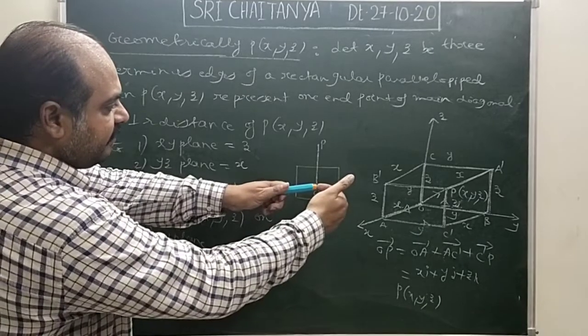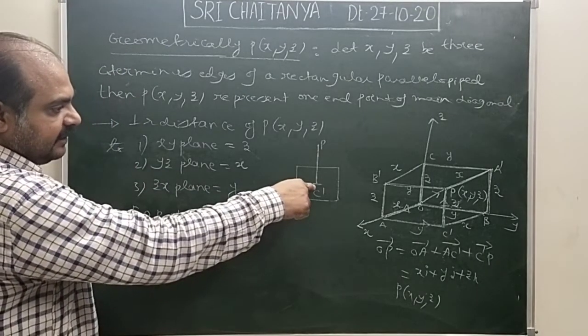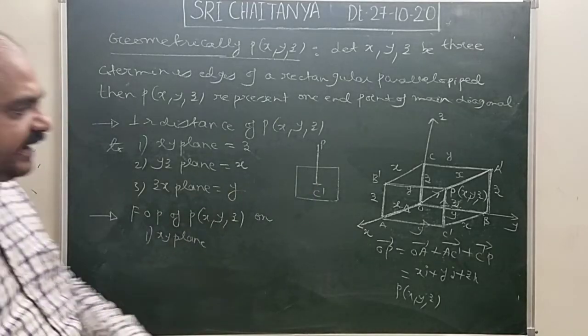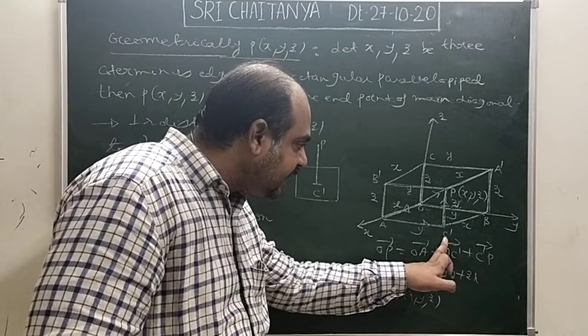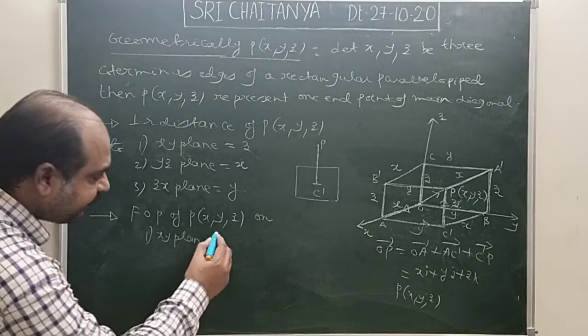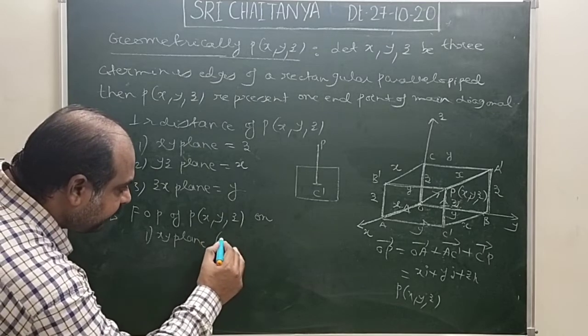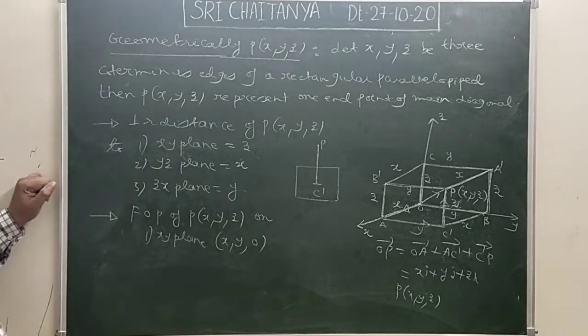Look, from here I have drawn from P to C. That perpendicular meets the plane at C dash. That is called the foot of perpendicular. That lies on your paper, which means it lies on the XY plane. That means the foot of perpendicular is on the XY plane, so there won't be any Z coordinate.